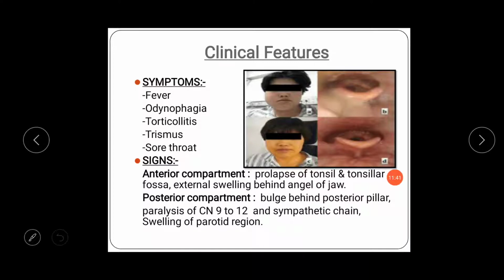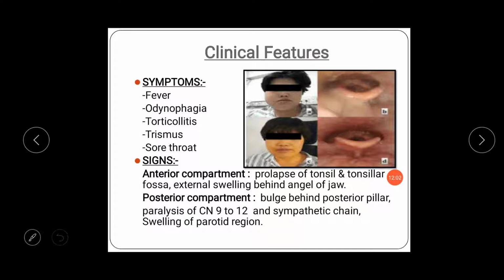General symptoms of an abscess are fever, malaise, body ache, headache, and chills and rigor. Local symptoms of parapharyngeal space infection are swelling over the angle of the mandible.